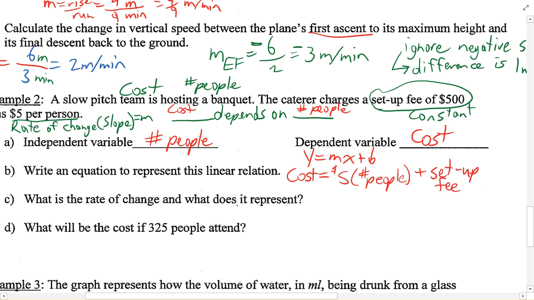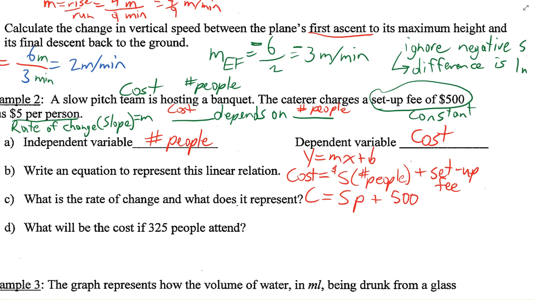That's going to be your total cost to put on this banquet. So instead of writing the word cost, we will say C. M will be $5 per person, so 5 times P. And the setup fee never changes. It's $500. It'll always be the same if 50 people attend or 5,000 people attend.